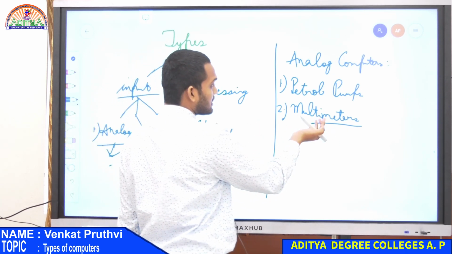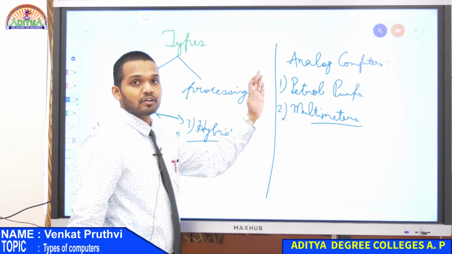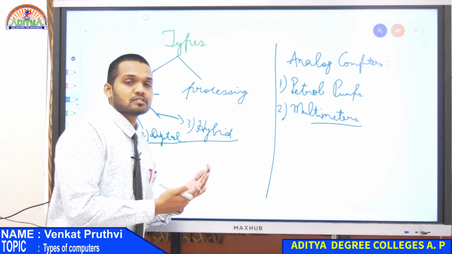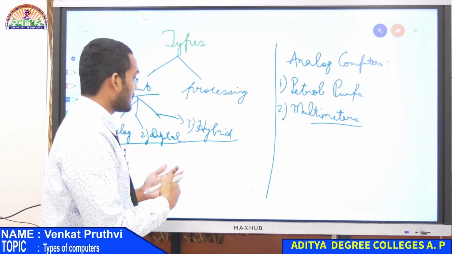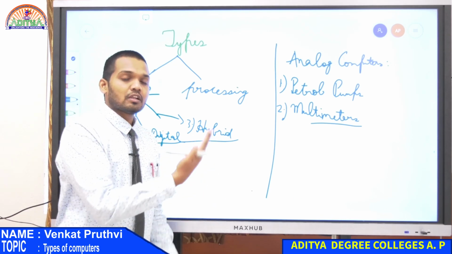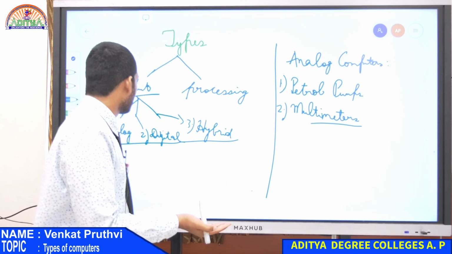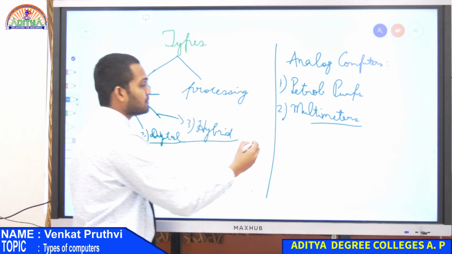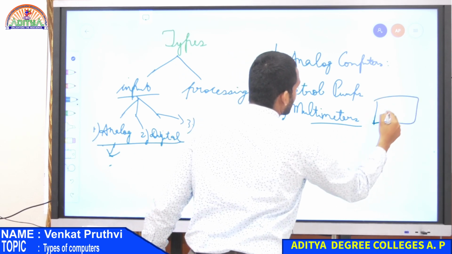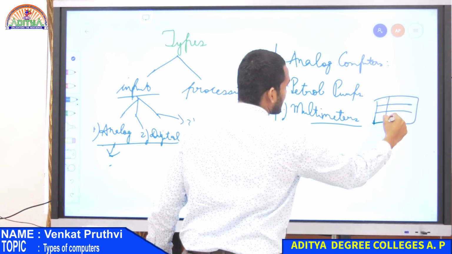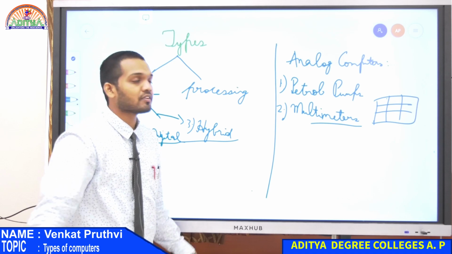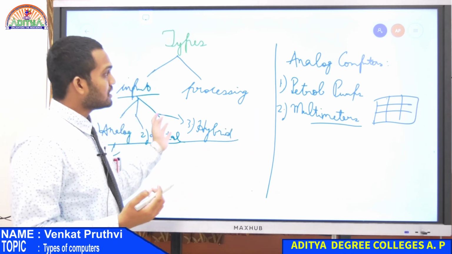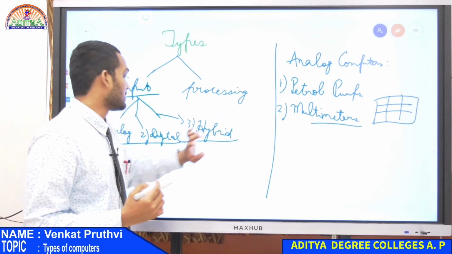And petrol pumps calculate the petrol that is being given out, and there is a digital meter in the petrol pump that calculates the process that is happening. All these kinds of things come under analog computers.